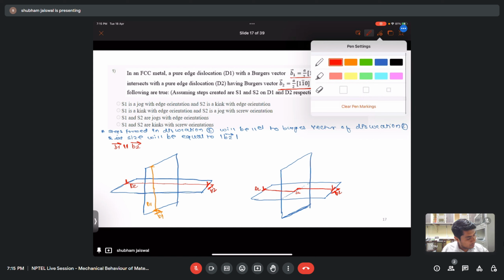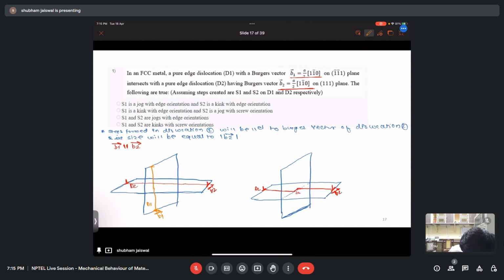So here, let's say this is my other dislocation D1. So it will create a step inside this one. This is the direction of my Burgess vector B1. This is my segment S1. This is my dislocation D1.